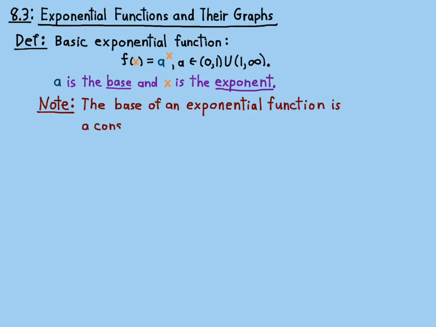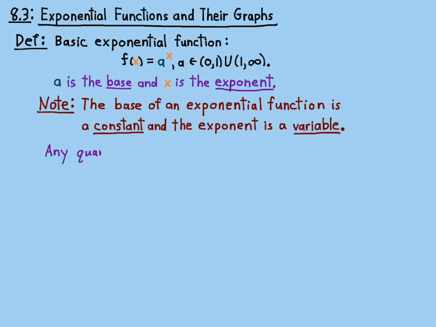So the base of an exponential function is a constant, and the exponent is the variable. If you switch those two and you have the base be a variable and the exponent a constant, we call that a power function, like x squared, x cubed, x to the square root of 2 power, right?